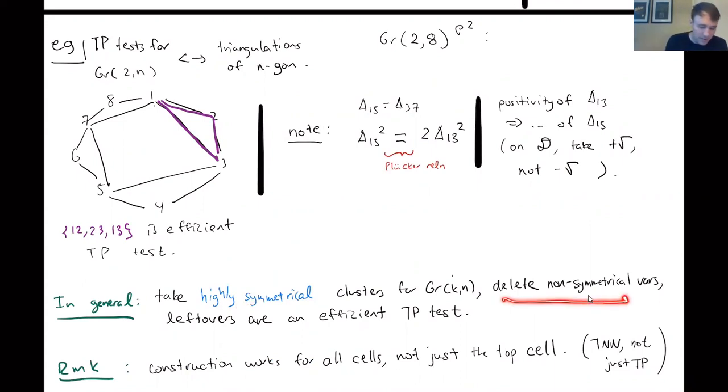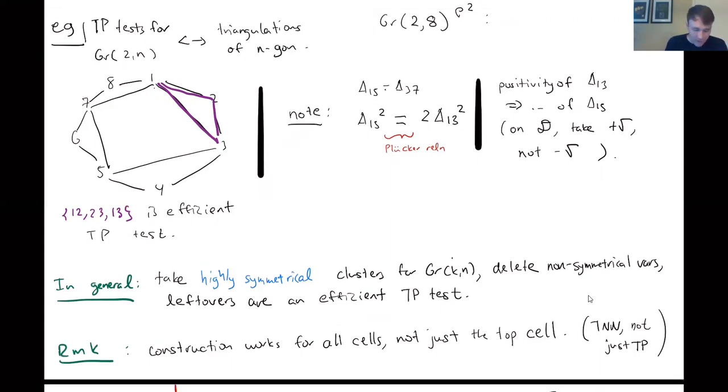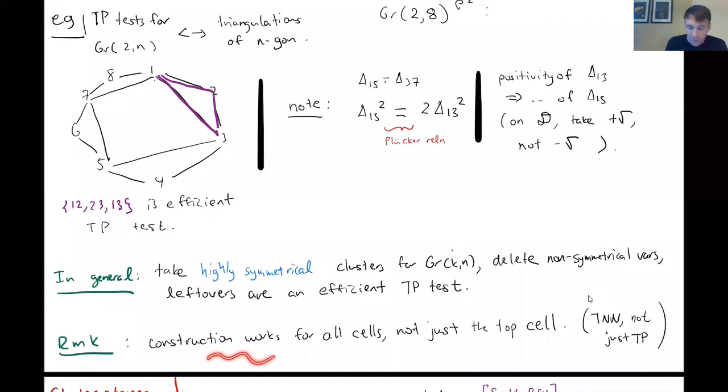So in this case, you delete this guy if you added him, or delete this guy if you added him. Then you can prove that the leftovers are an efficient TP test of exactly the correct size. And a remark is that this construction actually works for all cells, not just for the top cell. So for positroid cells, not just for the Grassmannian itself, if you care about such things.